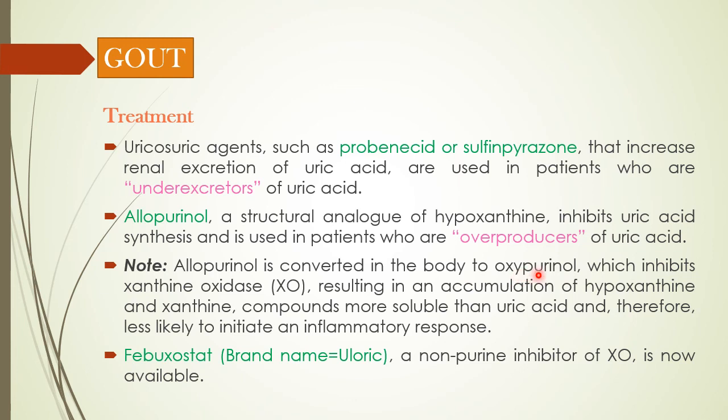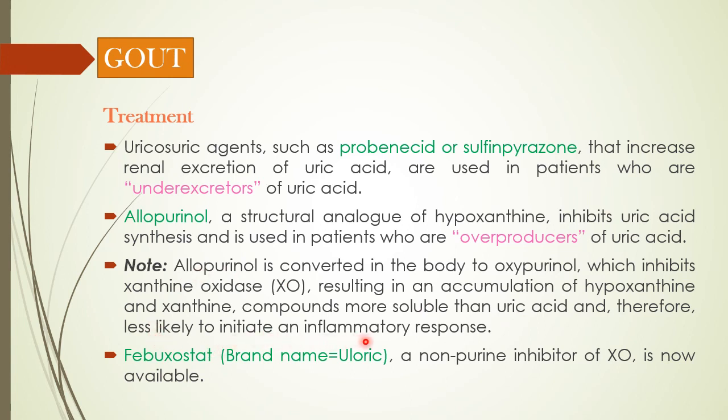This oxypurinol basically acts as an inhibitor of xanthine oxidase enzyme. When this enzyme is inhibited, it results into an accumulation of two other products, that is hypoxanthine and xanthine. But hypoxanthine and xanthine are more soluble than uric acid, and therefore these are less likely to trigger inflammatory responses in the body.